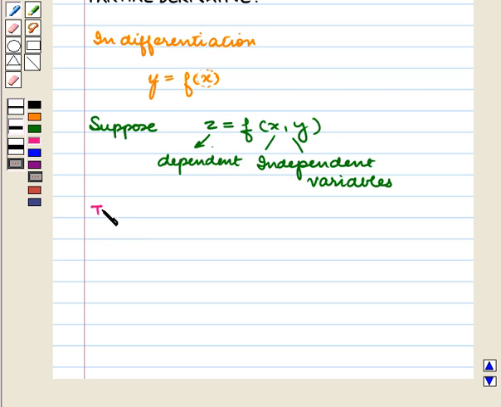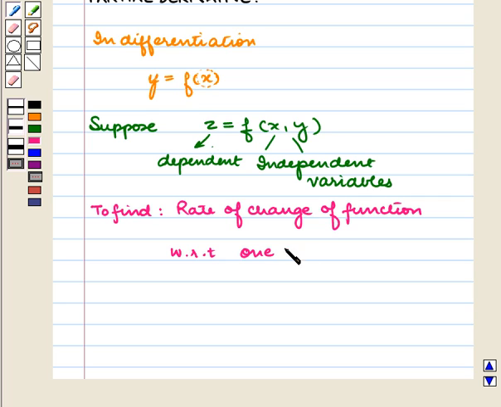Now we want to find the rate of change of a function with respect to one of its variables.